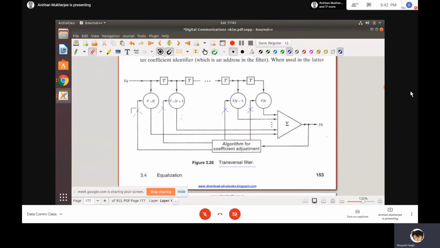algorithm for coefficient adjustment. You try to understand these coefficients, Cn, Cn minus 1. You are basically trying to model the channel, because this is basically the transfer function, which is 1 by mod H_C(f) to the power minus j theta.